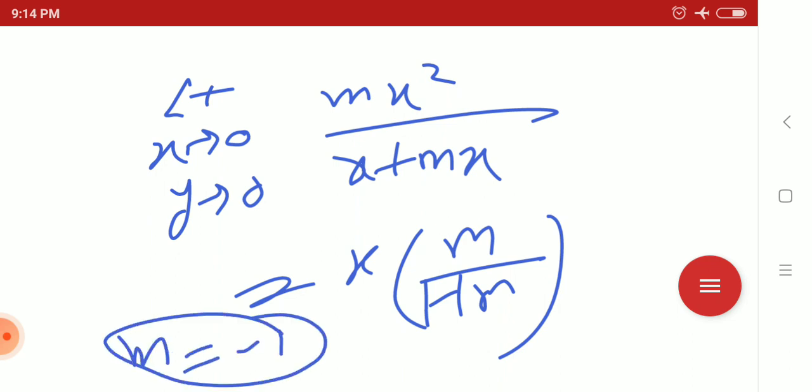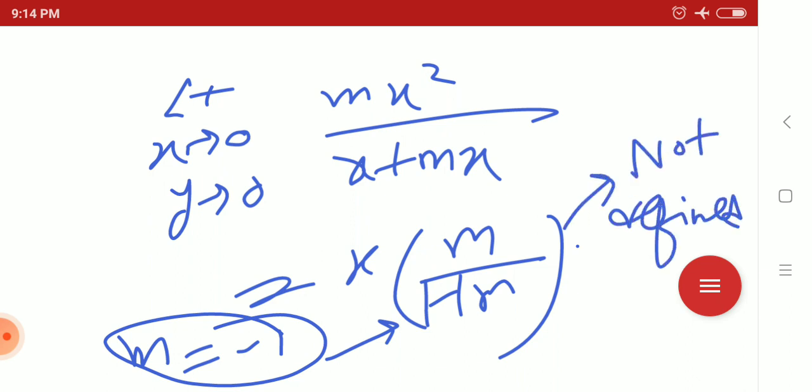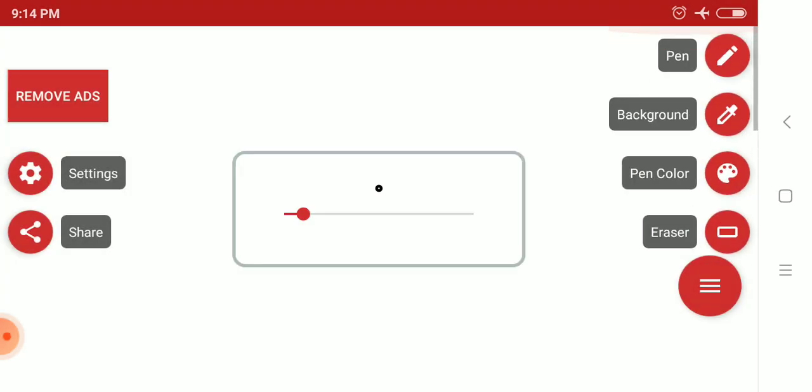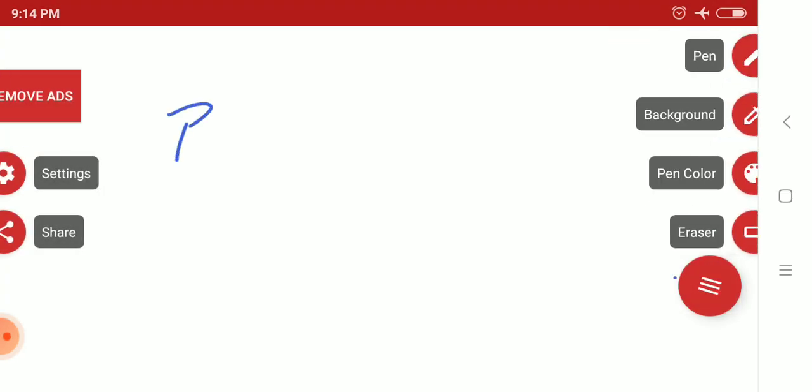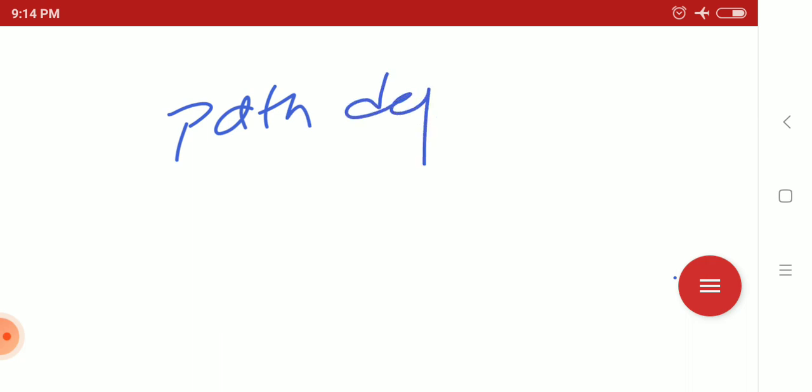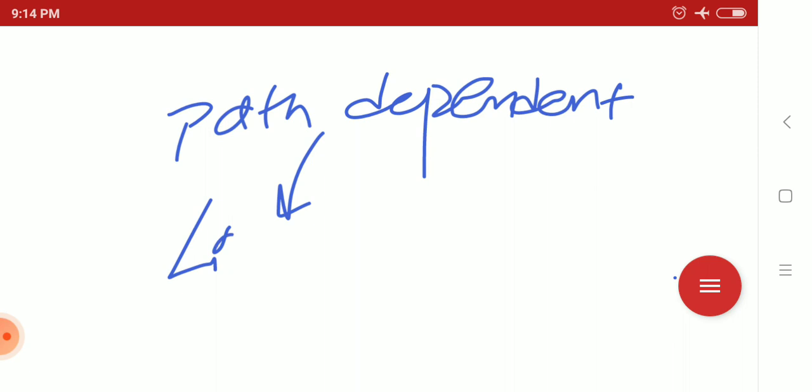If you put m equals minus 1, this will not be defined. But if you put m equals plus 1 and x tends to 0, then it will be 0. That means it is path dependent, and path dependent means the limit doesn't exist.